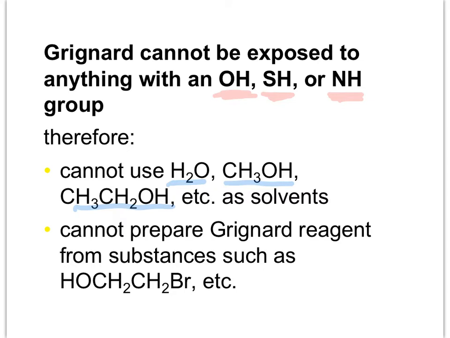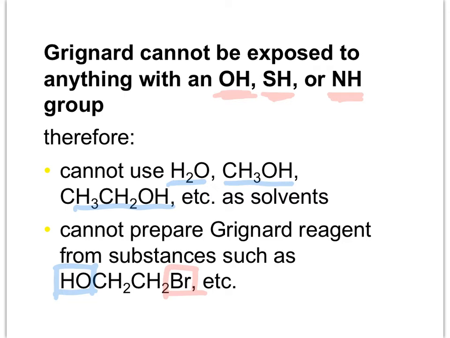And if we're trying to make a Grignard, here we have our halide, but there can't be a protic group somewhere else in the molecule, because when we make our Grignard, it will immediately react with that protic group to protonate that position, right? You get the idea?